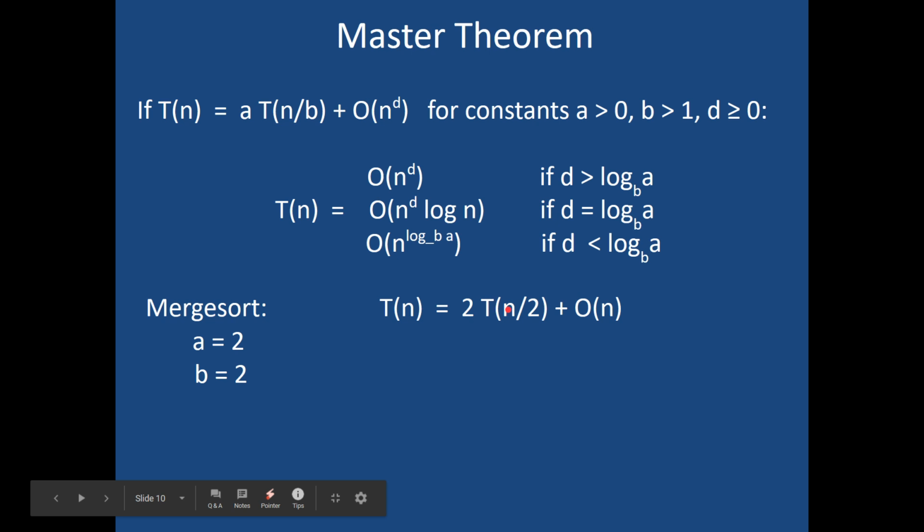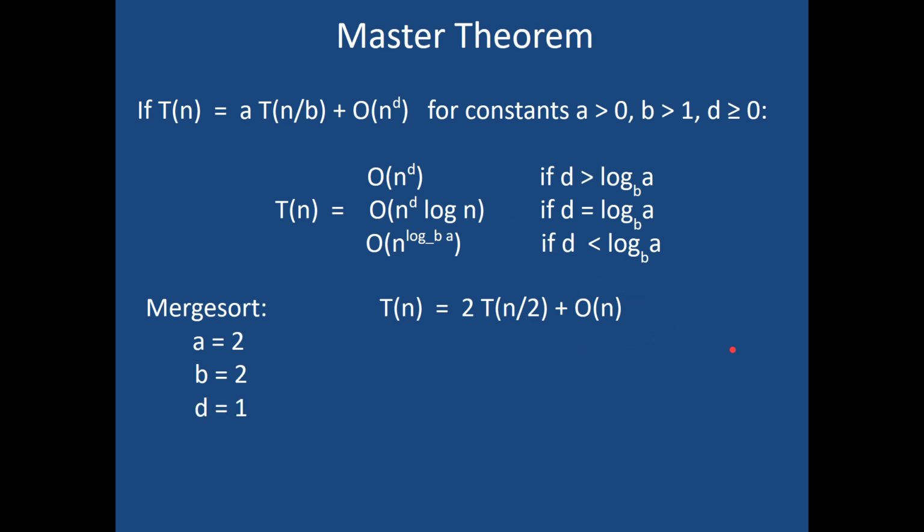You take the reciprocal of the thing you're multiplying n by. N times 1/2, you take the reciprocal, you get 2 for B. If it was 2n divided by 3, it would be 3 halves.